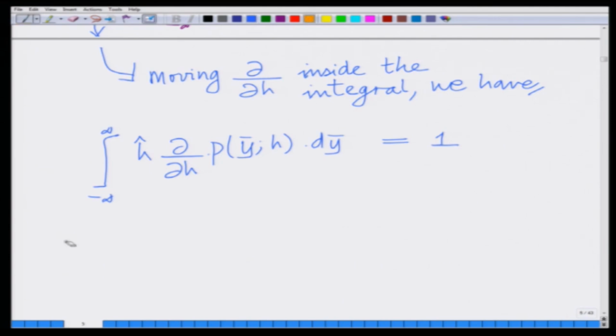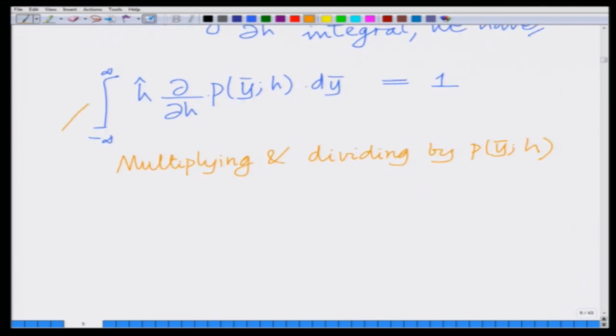So, now multiplying and dividing by p of y bar parameterized by h, I have the integral from minus infinity to infinity of h hat times 1 over p of y bar h, first I am dividing by the probability density function, times dou by dou h of p of y bar h.